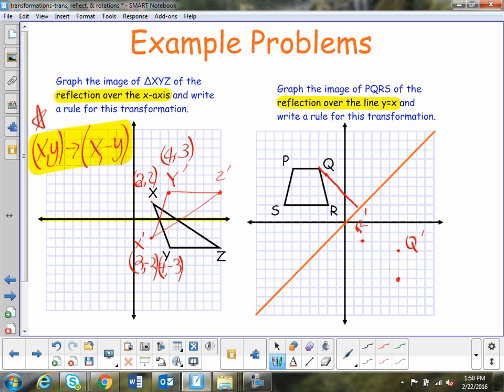There is P prime. 1 more to go. How many diagonal units is S away from the line of reflection? 4.5 again. Half, 1, 2, 3, 4. And then count in the opposite direction. There's S prime. Okay, now draw your figure out.